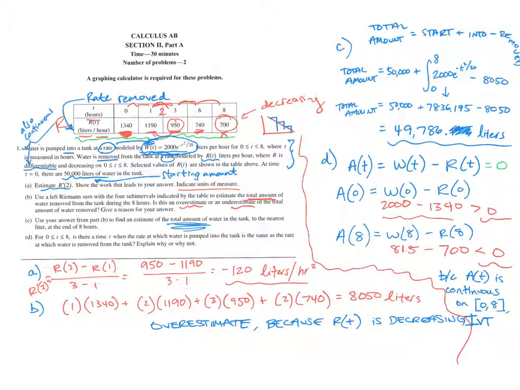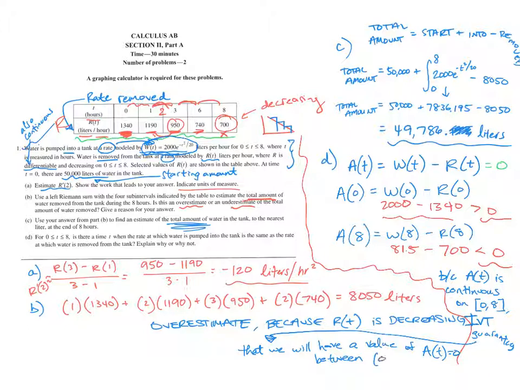IVT guarantees, and I'm totally running out of room here, that we will have a value where A(t) equals 0 between 0 and 8 hours, which means W(t) will be equal to R(t). Smiley face, the end.